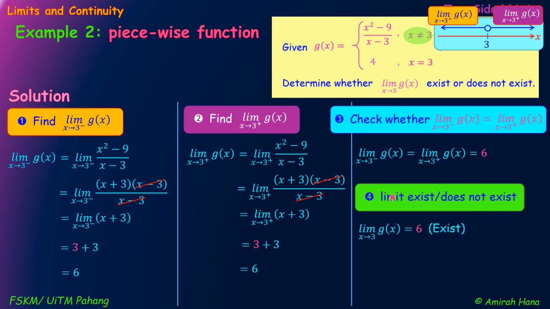Alright, and from the syntax here, we have the limit as x approaches 3 from the left, and this is the limit as x approaches 3 from the right. But in the final conclusion, we only write 3 here. Okay, it means the limit as x approaches 3 of g(x) exists, and the value of the limit equals 6. Right? Got it?